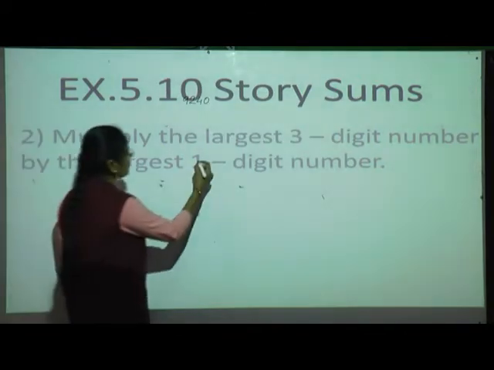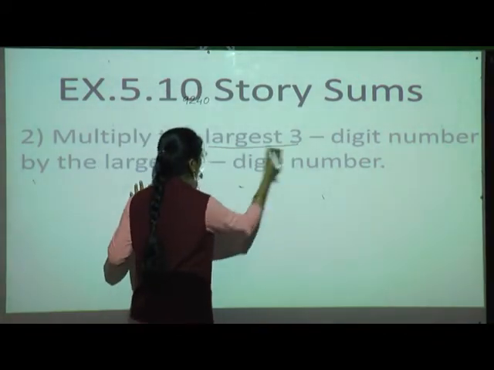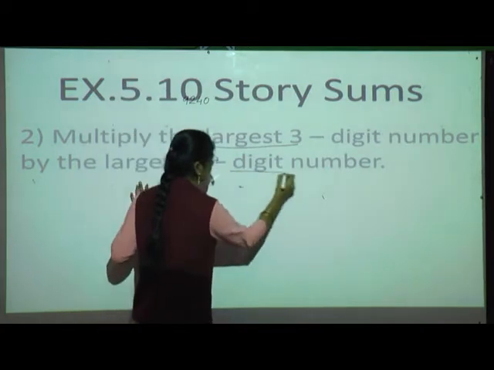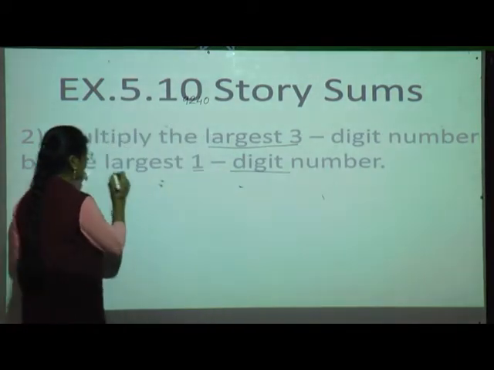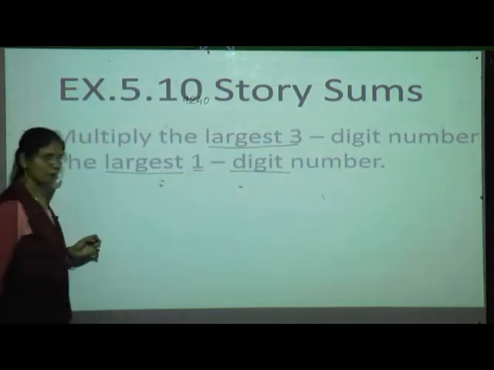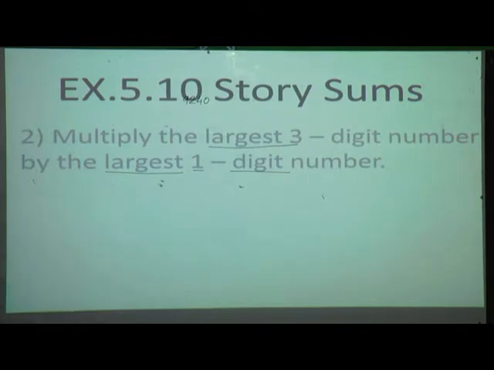Now see here, first of all you have to find out the largest 1-digit number and the largest 3-digit number. Okay. So now tell me, what is the largest 3-digit number? Yes. In the first lesson, while teaching the first lesson, I told you the largest 3-digit number.